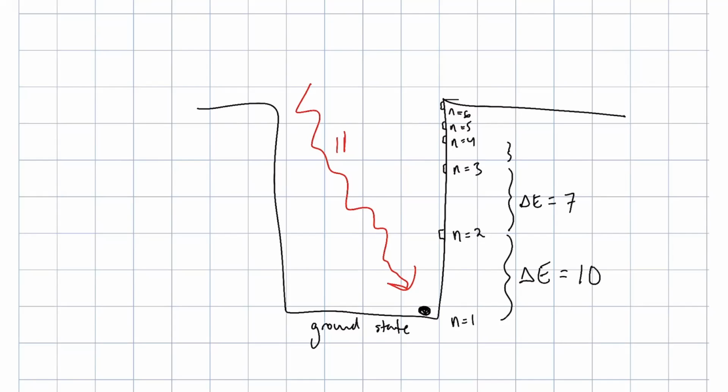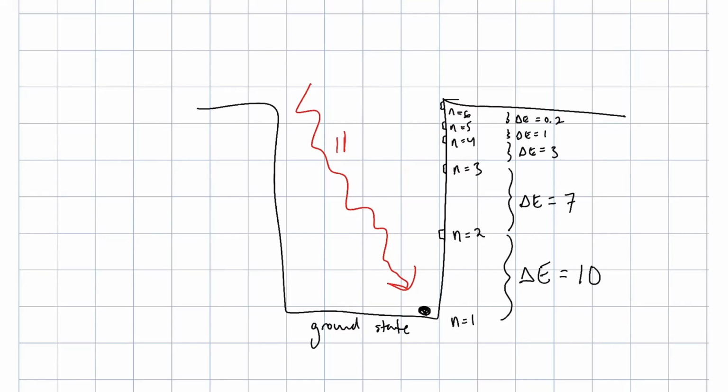And this one from 3 to 4 might be 3. And this might be 1. And this might be 0.2. There are only certain kinds of photons that can be absorbed.